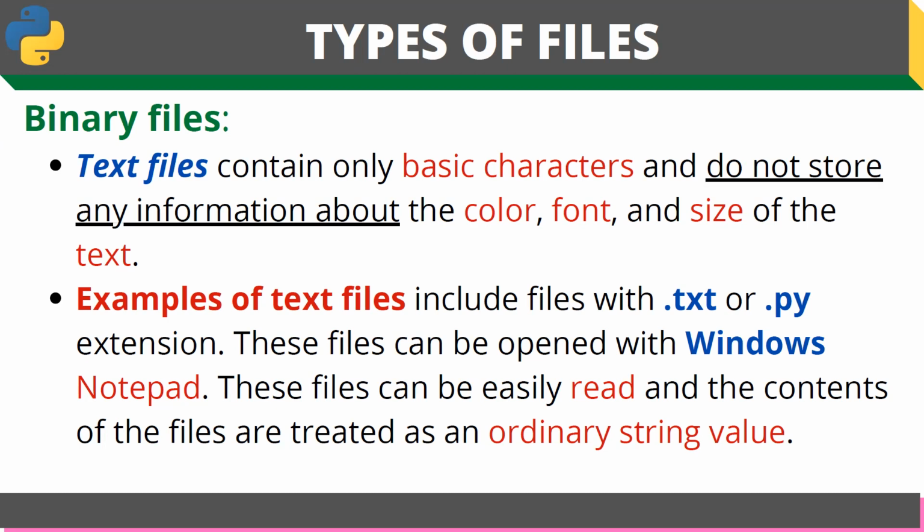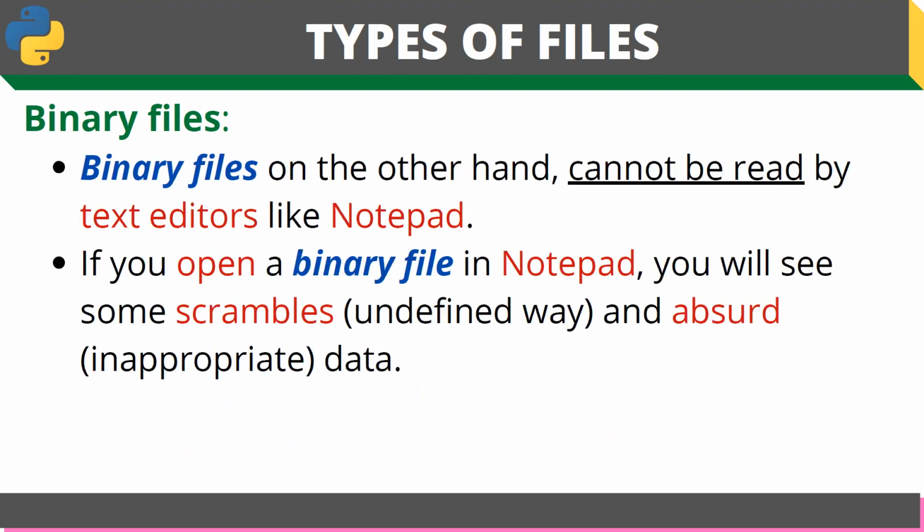These files can be easily read, and the contents of the files are treated as an ordinary string value. Binary files, on the other hand, cannot be read by text editors like Notepad. If you open a binary file in Notepad, we will see some scrambled, undefined, and absurd data. That is inappropriate data.